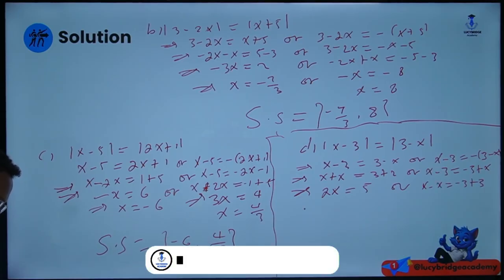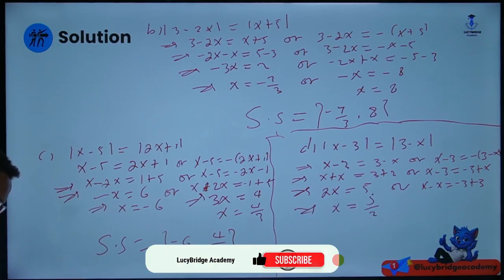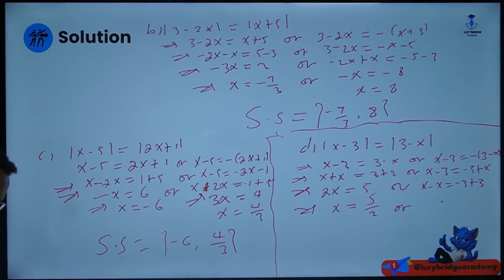Dividing both sides by 2, x is equal to 3, or 0 equals 0, which is true.